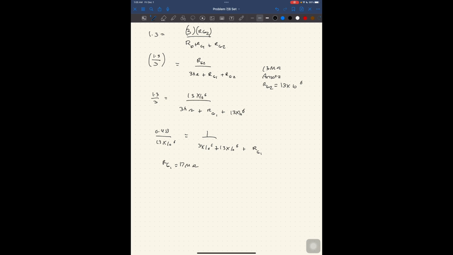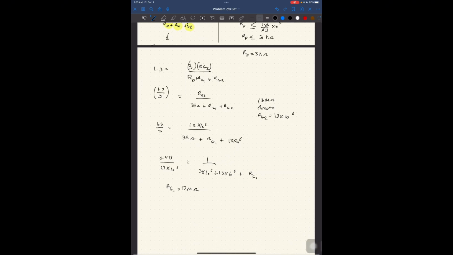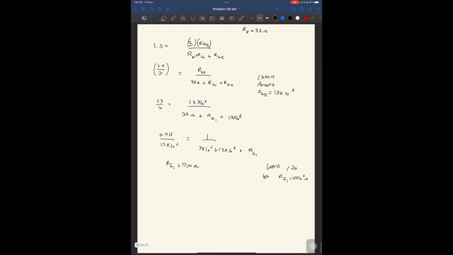But anyways, I ended up doing what I did not want to do. This is wrong. So let RG1 equal 13 times 10 to the 6 ohms, right?